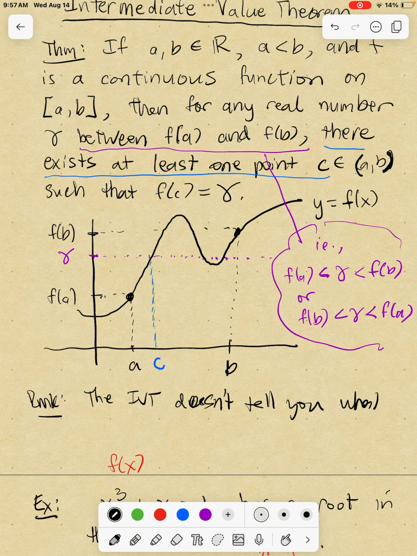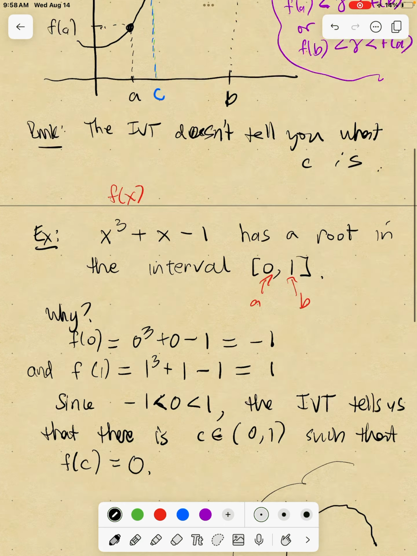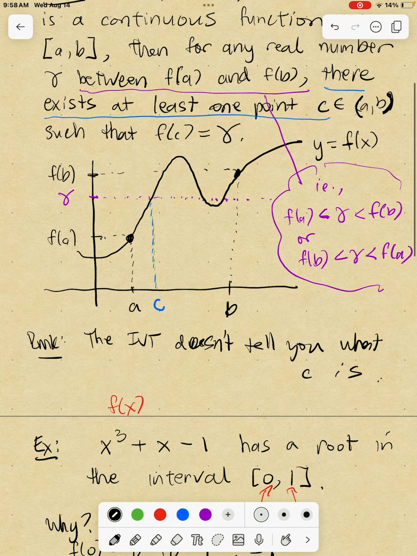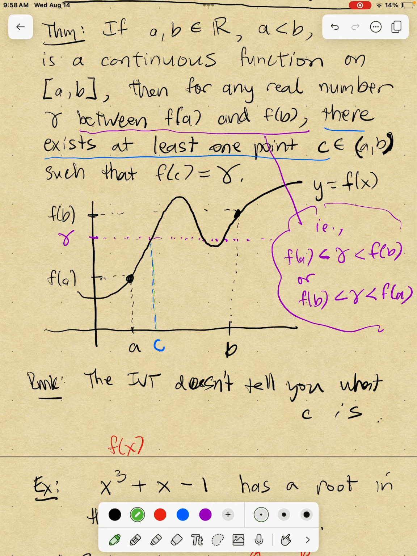It doesn't tell you what c is exactly. And there could be more than one c. Like in this example, there's more than one c that will work. c could be this blue c, but c could also be here, and c could also be there.